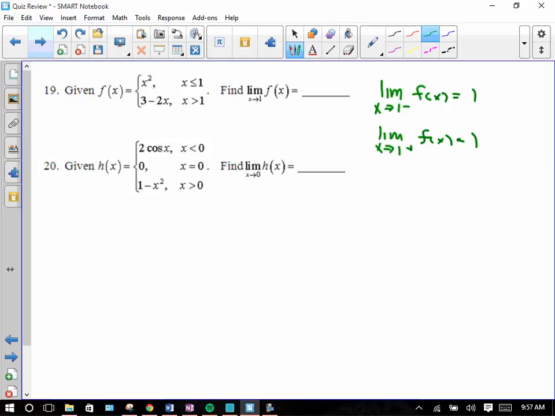Are those equal? Yes, equal to 1. They're equal, so that means the overall limit is equal to 1.